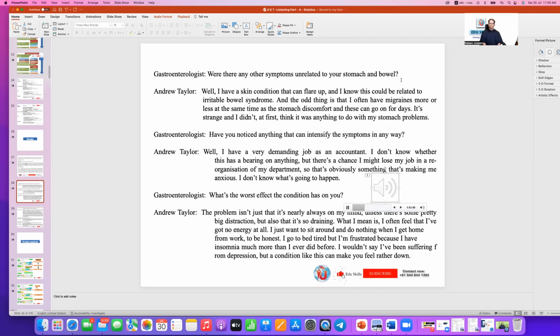The problem isn't just that it's nearly always on my mind unless there's some pretty big distraction, but also that it's so draining. I often feel that I've got no energy at all. I just want to sit around and do nothing when I get home from work, to be honest. I go to bed tired, but I'm frustrated because I have insomnia much more than I ever did before. I wouldn't say I've been suffering from depression, but a condition like this can make you feel rather down.